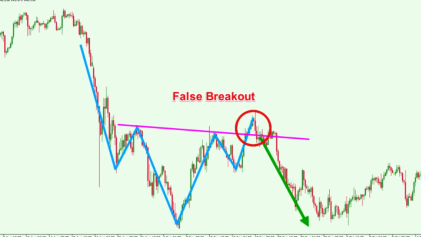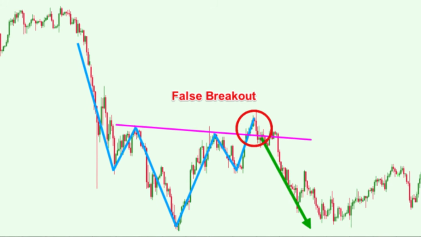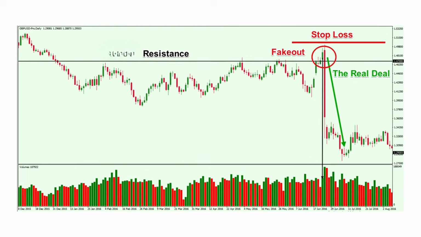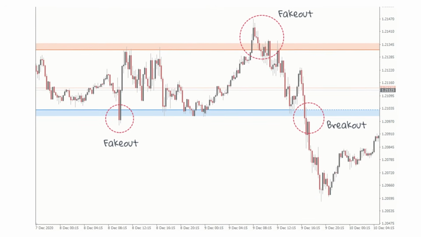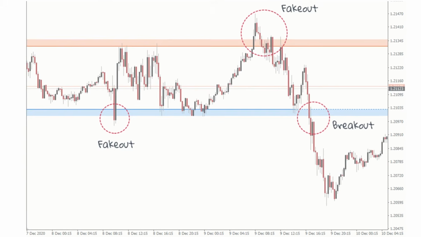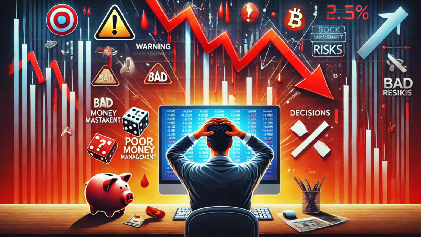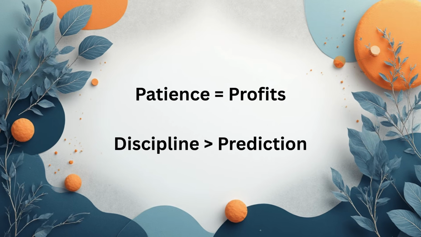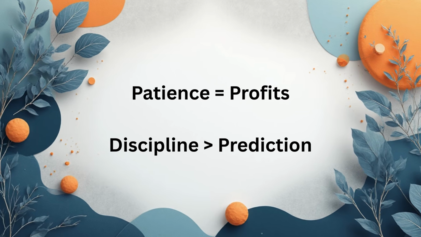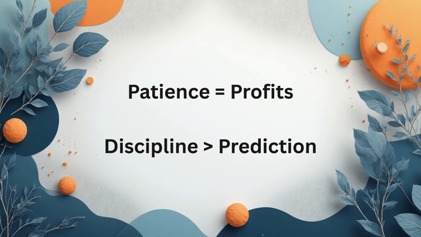That's how you truly improve your trade. Wrong chart examples are shown here. Have patience, and it will become profit for you.